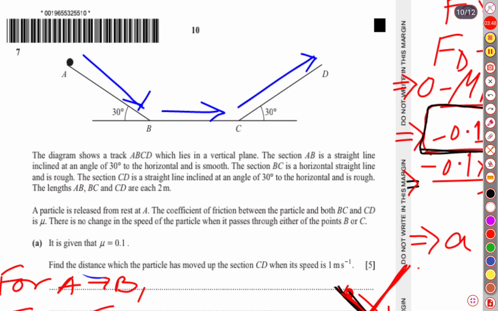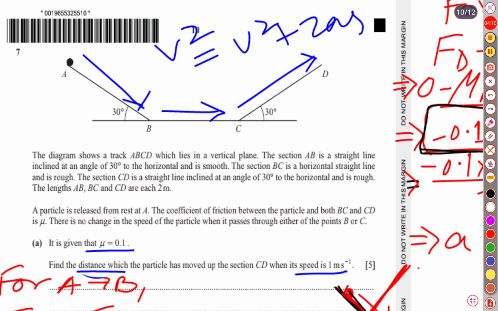And before starting the solution, I told you, remember that first of all you will have to decide the concept you are going to apply. Actually here it's all about, look at this, they have given here mu and the distance, as well as speed. So the distance-speed equation is actually v square is equal to u square plus 2as. We have applied this concept multiple times.